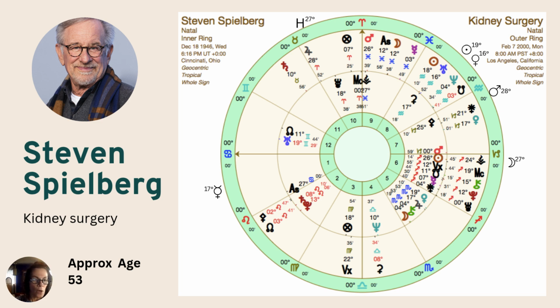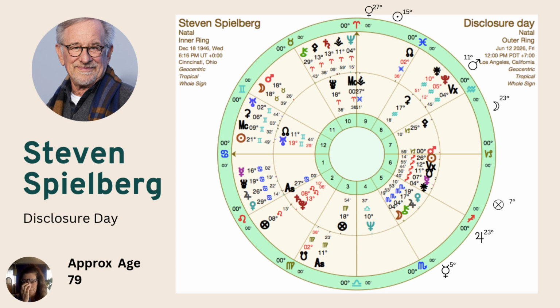All right, so let's move on to his third chart. And this one actually is kind of fun and interesting because it hasn't happened yet. So we're looking at a future scenario, which is the release of Disclosure Day. And that is set to be released on June 12th in 2026.